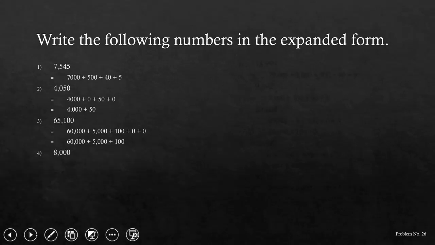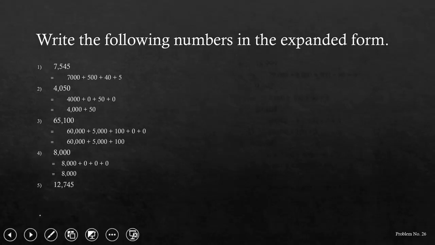Next problem, 8,000. Here there is only one digit and the rest of the digits are 0. So the place value of this 8 is 8,000. So 8,000 is equal to 8,000 plus 0 plus 0 plus 0, that is nothing but only 8,000.